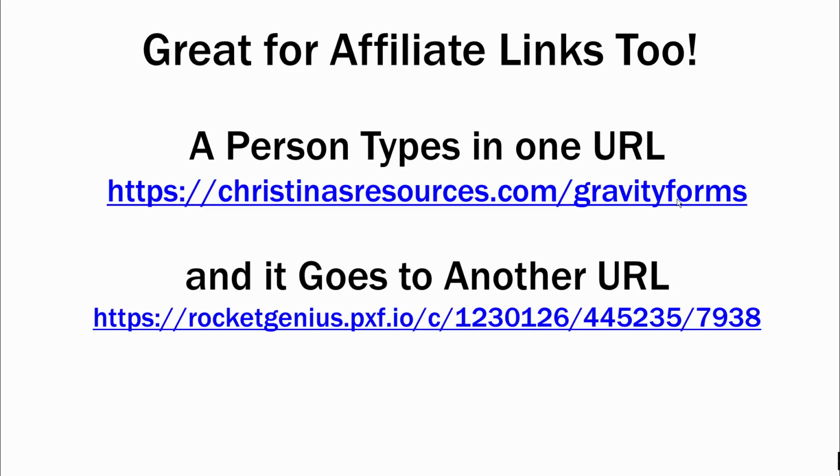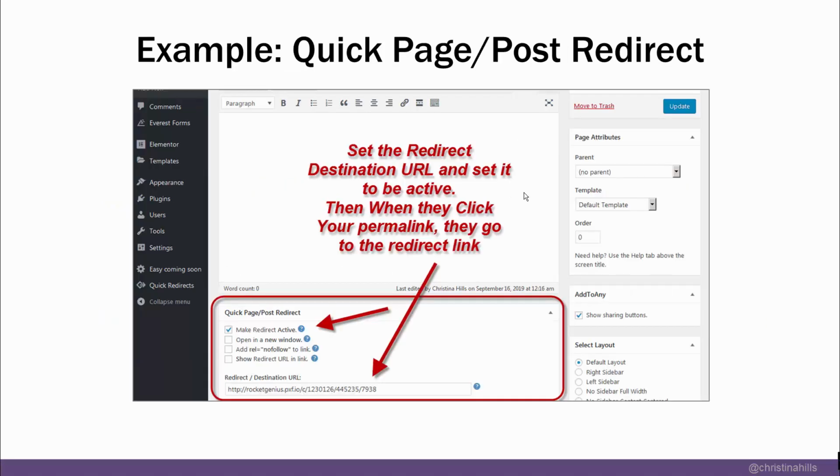Here's an example. If you have affiliate links, instead of giving out this kind of ugly long affiliate link, I just have christinasresources.com/gravity forms. So let me show you this. And it's a free plugin. So Quick Page Post Redirect, you install it, you turn it on, and then you check a box to make it active and where do you want them to go.